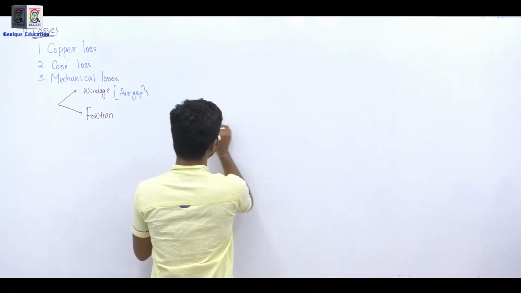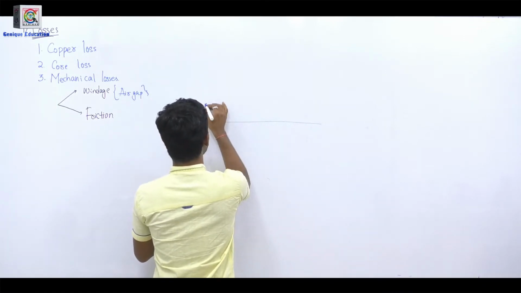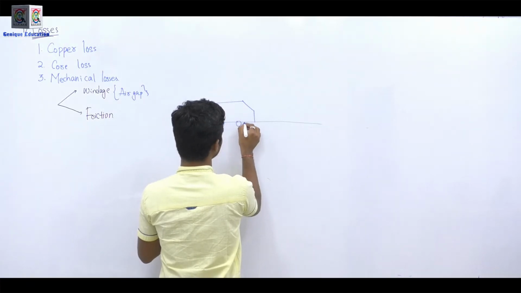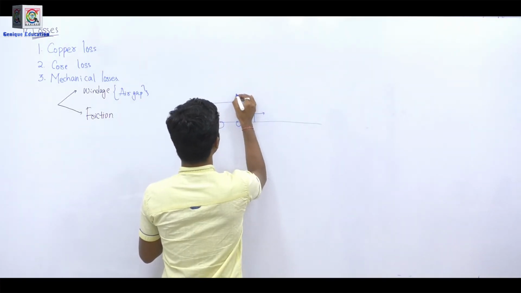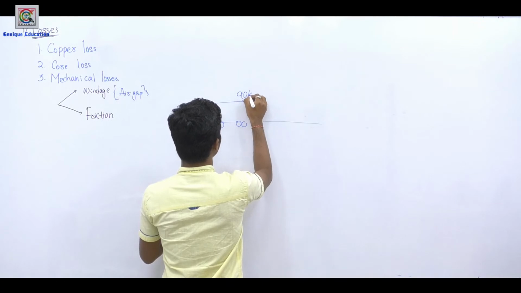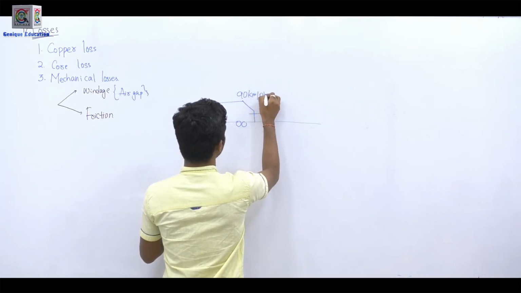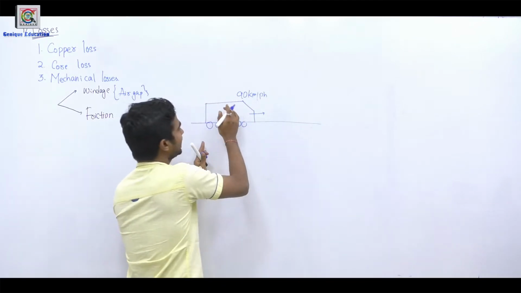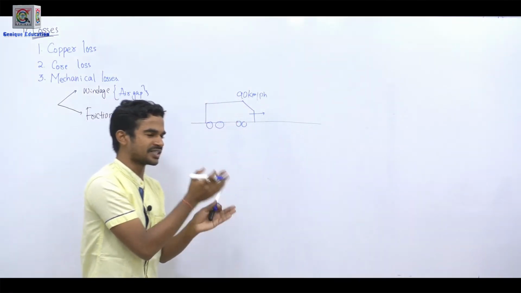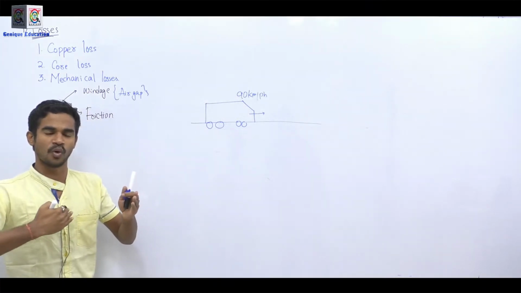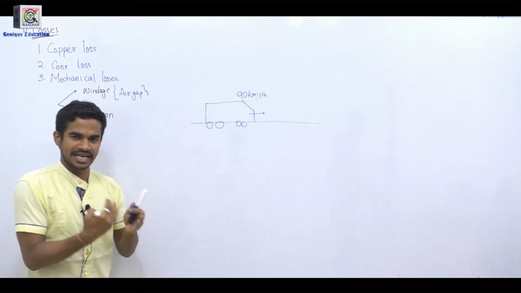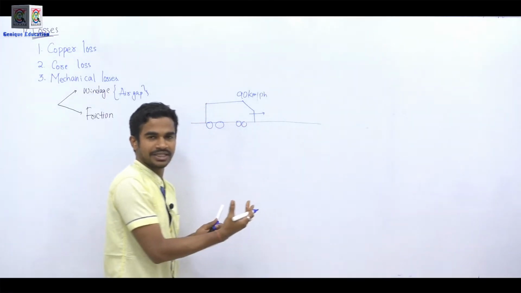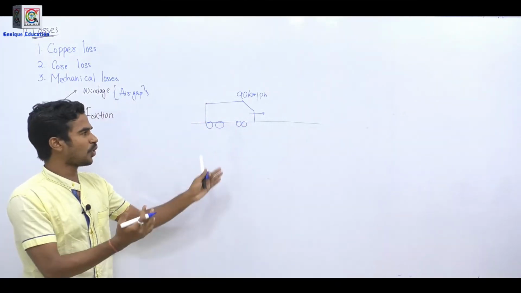Suppose in linear motion, this is your road and here a bus is running. Suppose this one is your Volvo bus, running at 90 km/h. If it is running at 90 km/h, definitely it has to overcome the air, and it is a linear motion.